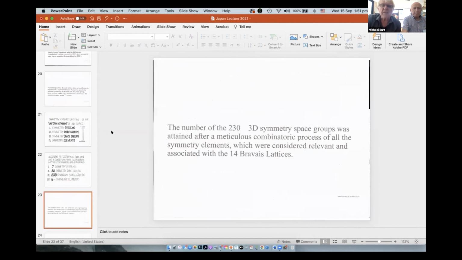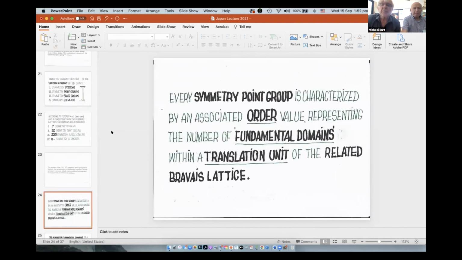The number of the 230 3D symmetry space groups was attained after a meticulous combinatoric process of all the symmetry elements which were considered relevant and associated with the 14 Bravais lattices. Every symmetry point group is characterized by an associated order value representing the number of fundamental domains within a translation unit of a related Bravais lattice.